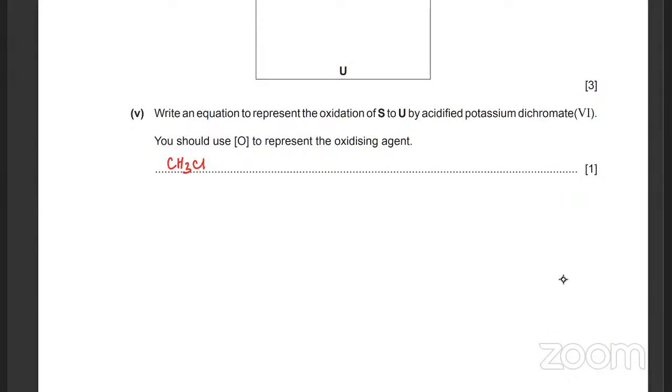So it was CH3CH2, then CH(OH) in a bracket, and then there was CH3. And this thing turned into a ketone. So that was CH3CH2, the middle CO, and CH3. And he's saying use O as the oxidizing agent, and you have to write a balanced equation.